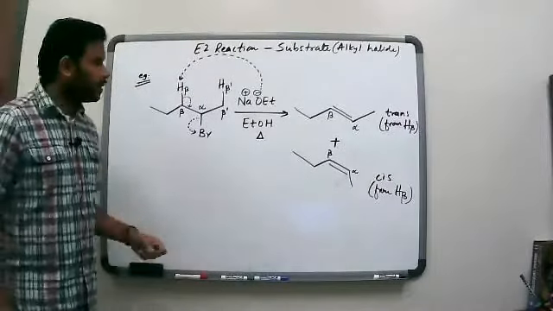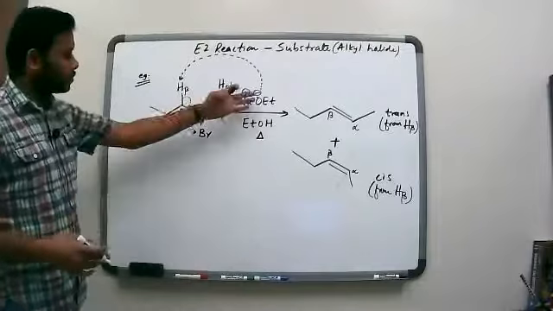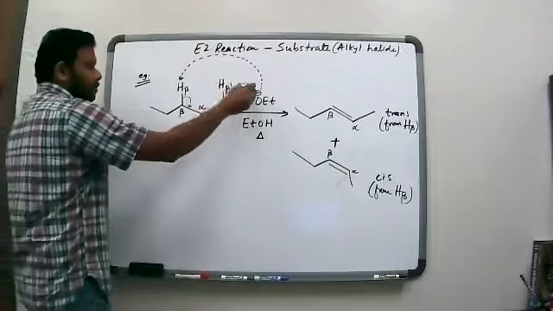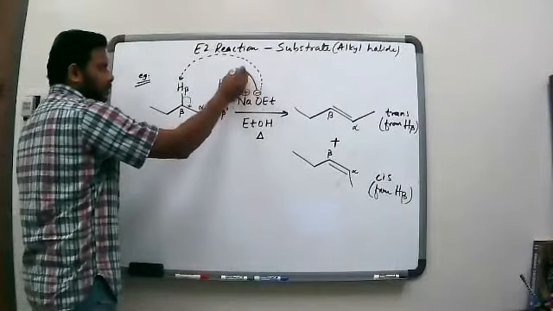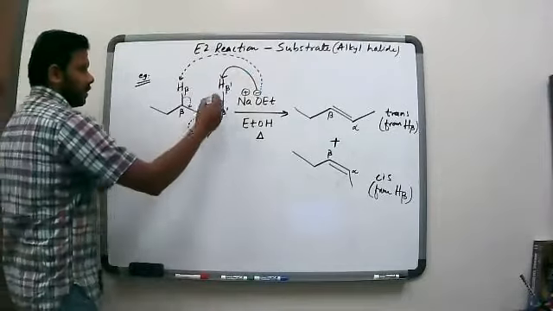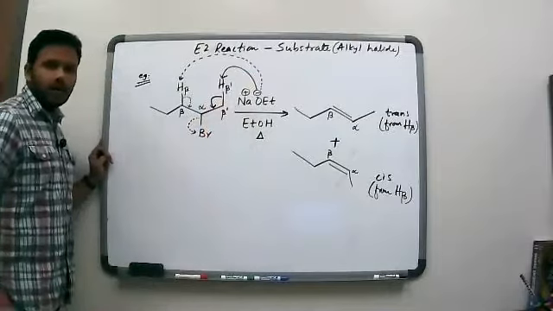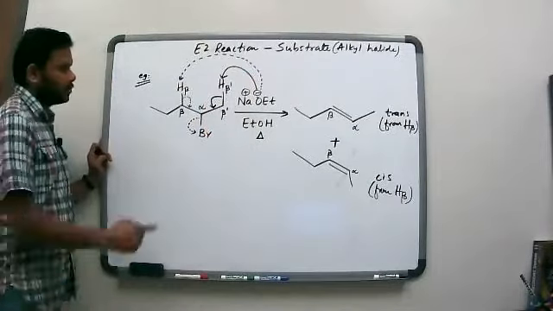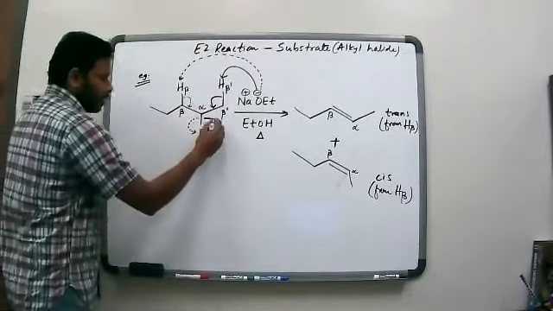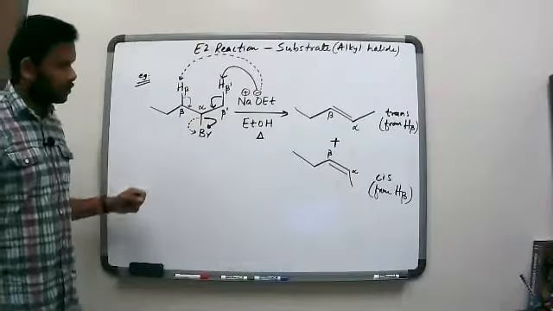The other possibility is, because there's nothing that is basically going to stop the base from going for the H beta prime, the base goes for H beta prime. And in this particular case, the electrons between H beta prime and carbon beta prime are going to fall in the space between alpha and beta prime carbon. And then the bromine is going to get kicked out. So two possibilities.